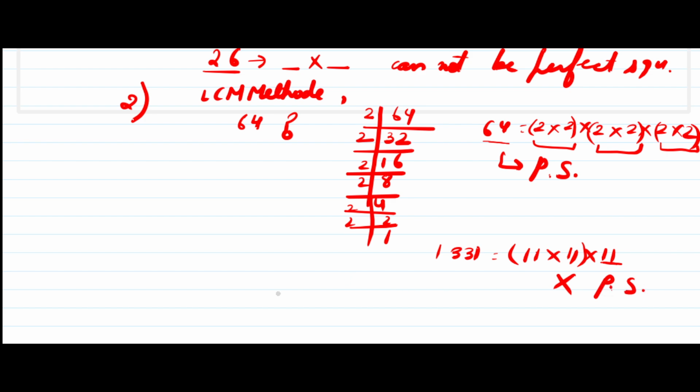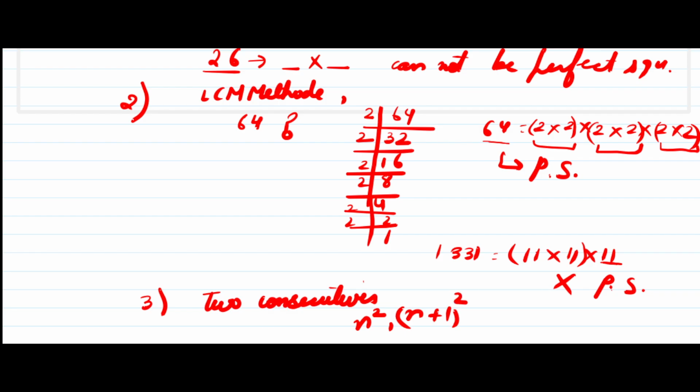Now the third thing to remember is, when you need to find out the numbers lying between the squares of two consecutive numbers. Like I'm taking in general n square and n plus 1 square.